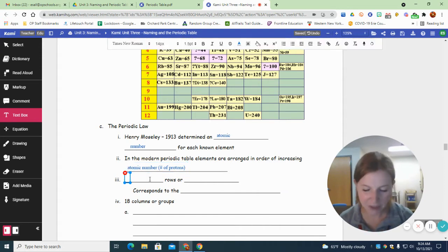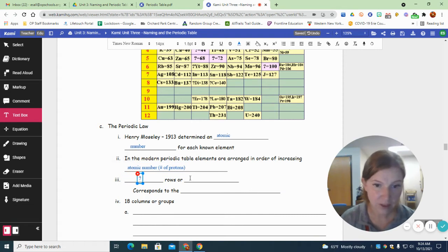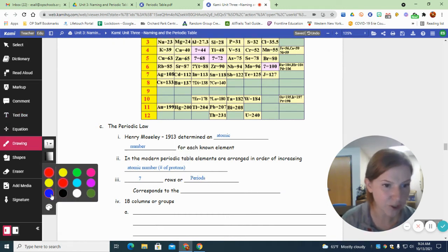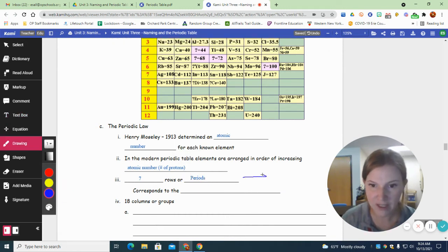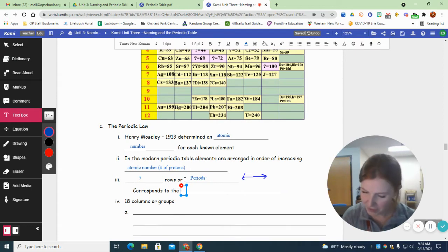Now, our modern periodic table, we have 7 rows, also known as periods. Now, when we use the term rows here, we are referring to horizontal rows, okay? Now, these periods correspond to the number of occupied principal energy levels, PELs, okay?